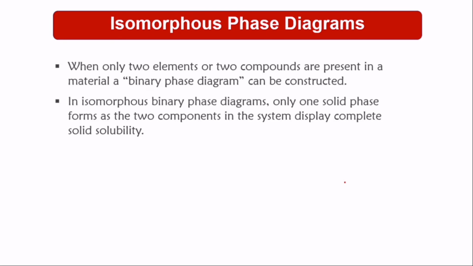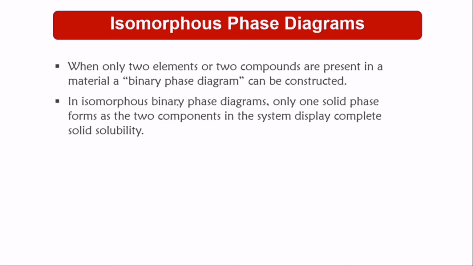Now we are going to do the isomorphous phase diagram. Iso means same. When we talk about iso, it means that two compositions come together to form one composition. So when two elements or two compounds are present in a material, a binary phase diagram can be constructed.